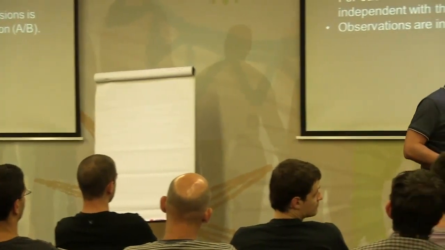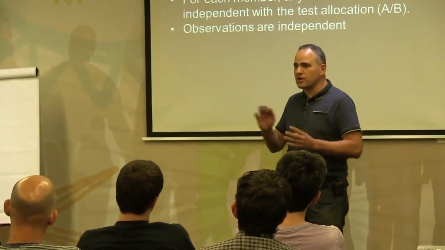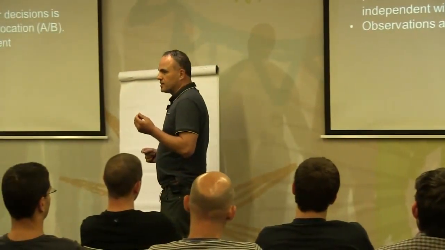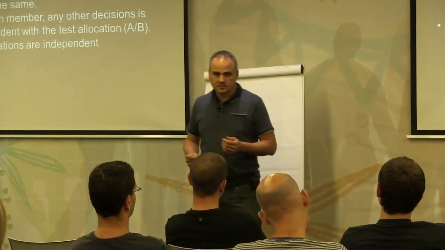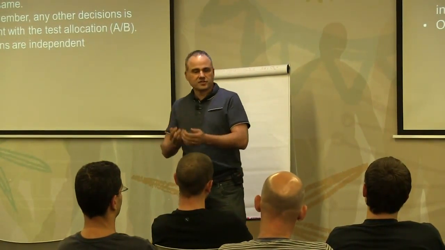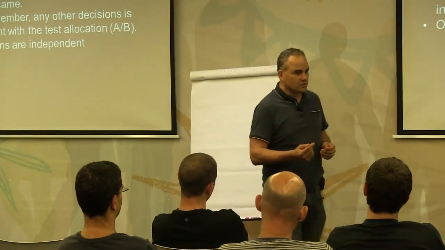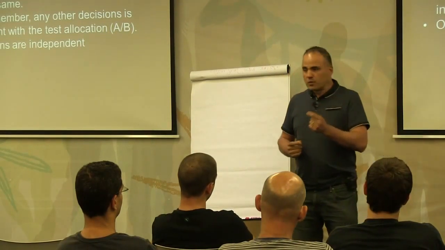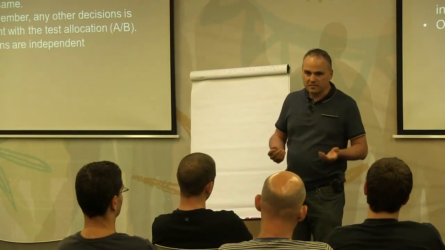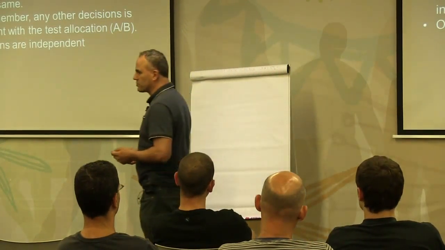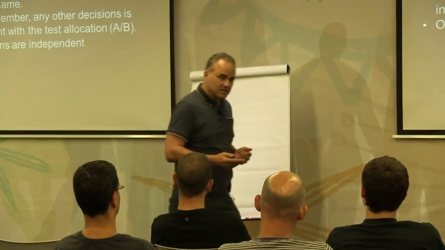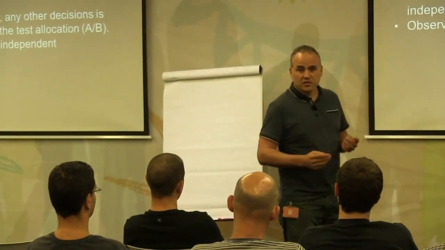Okay? So let's just jump to another domain, the medical domain. When you want to test a new medicine, the standard testing says that you have, let's say, a certain pill that you want to test. So we construct a placebo pill, the same pill, but with no really working material inside, and you allocate them to the participants, and then you measure the results.